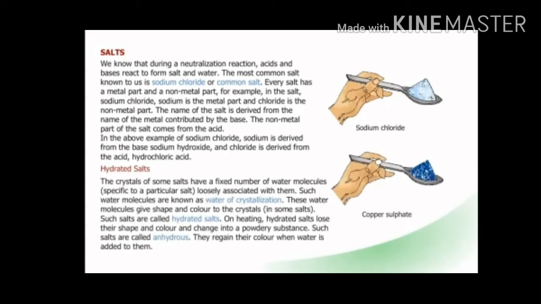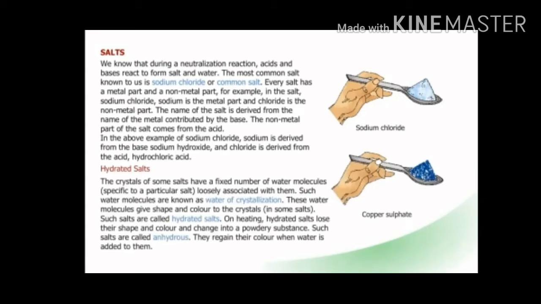Now hydrated salt. Hydrated salts means some salts have hidden water molecules fixed in them. Such water molecules present in the salt are called water of crystallization. This water gives them a particular shape and color. For example, copper sulfate. Copper sulfate is a hydrated salt and its color is blue.